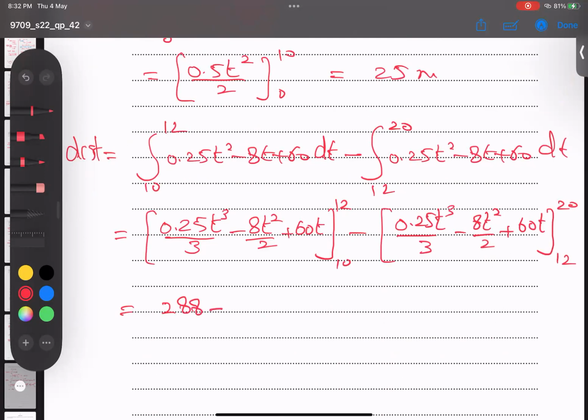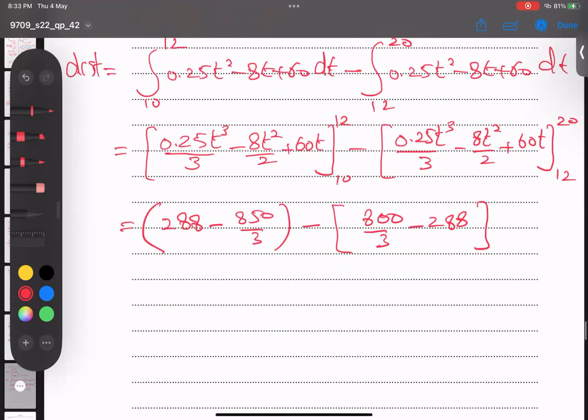And when I plug in 10, I get 850 by 3. This is done. And now the other situation is from 12 to 20. When I apply this one, it comes to 800 by 3, and when I plug in 12, I get 288.